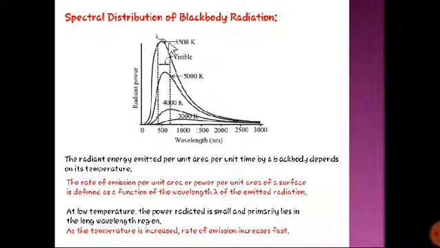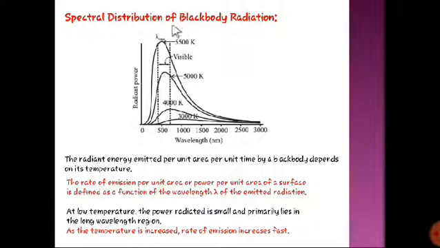And lambda max is nothing but the wavelength at which radiant power is maximum. Lambda max is not the maximum wavelength, it is the wavelength at which radiant power is maximum.